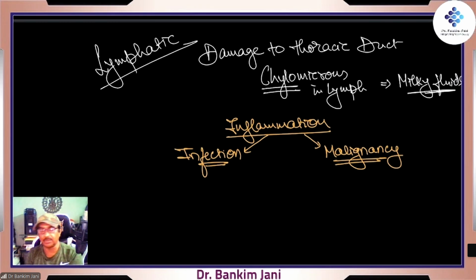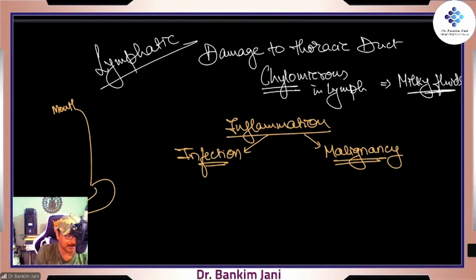Is the esophagus the thoracic duct? No. The esophagus is different, the thoracic duct is different. The esophagus is part of our gastrointestinal tract. When we eat, what we eat goes from the mouth into the stomach. This is the esophagus. The thoracic duct is a part of our lymphatic system.